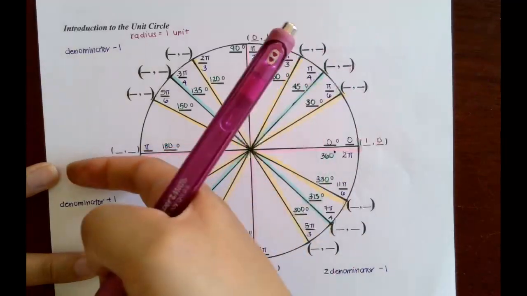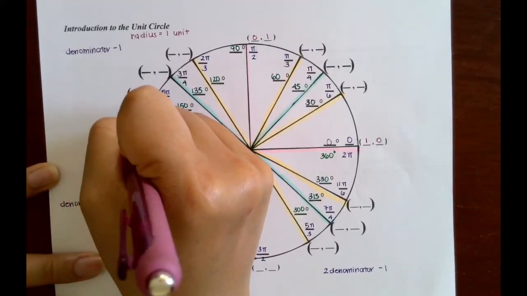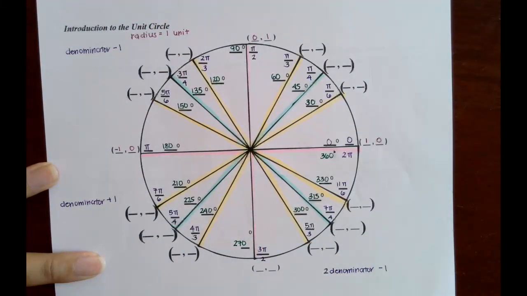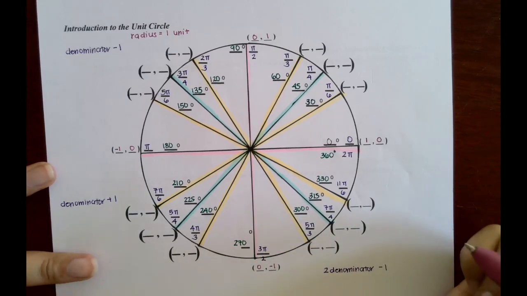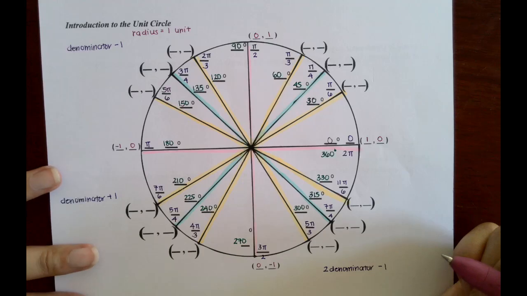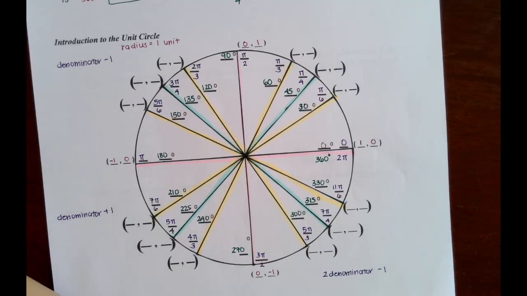This one going this way, negative towards my x, will be negative 1 comma 0. And this one going downwards here would be 0 comma negative 1.